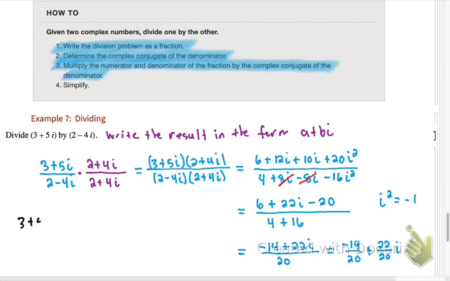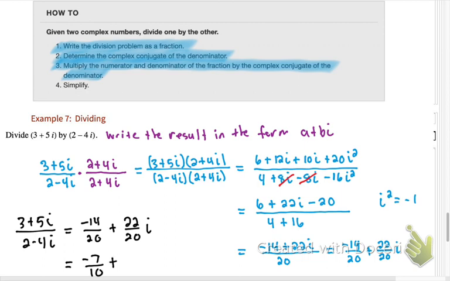So what we have so far is 3 plus 5i over 2 minus 4i is equal to minus 14 twentieths plus 22 over 20 times i. And reducing that down, negative 14 over 20, if you divide top and bottom by 2, will give you a minus 7/10, plus dividing 22 over 20 by 2 on top and bottom is going to give us 11/10 times i.